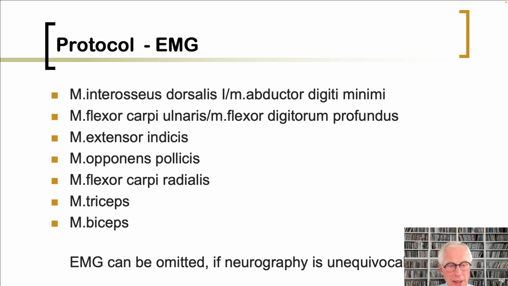Personally, if I have a clear-cut ulnar neuropathy that shows a focal abnormality in the elbow region, and it's a mild neuropathy like the case I showed previously, I may omit EMG if the neurography findings are unequivocal.